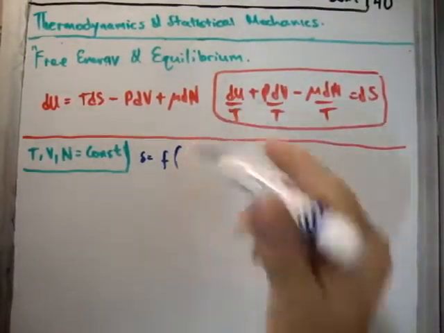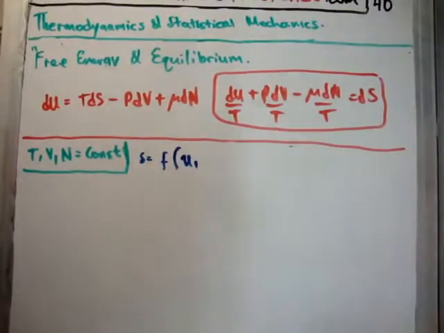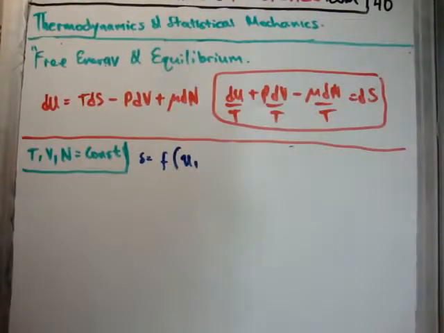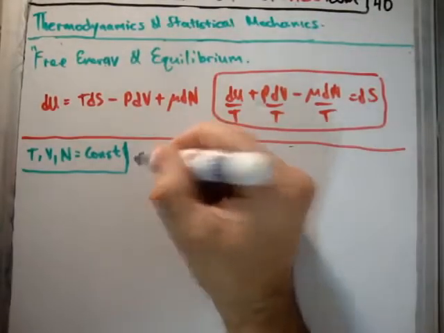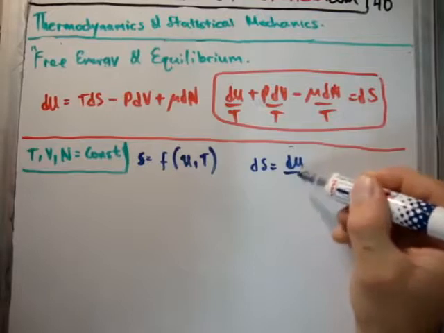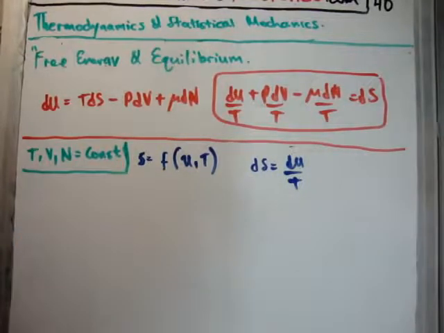So this function will come down to a function of the internal energy, and the temperature, but the temperature is constant. So what we're saying is dS is equal to dU over T. This is the condition for the change in the entropy.